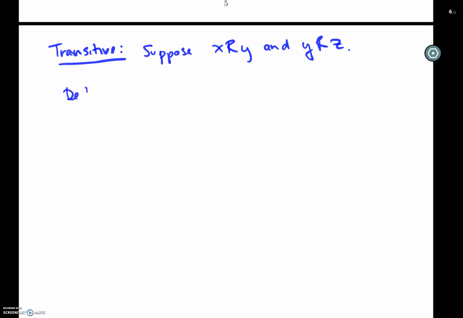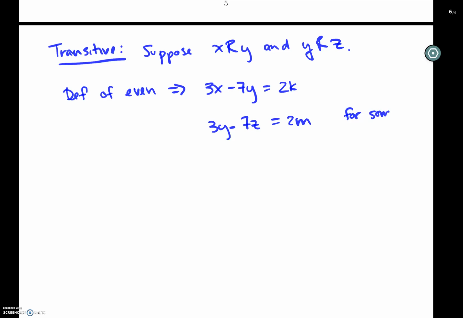So again, the definition of even tells us that 3x minus 7y has to equal 2k, and that 3y minus 7z has to equal 2m for some integers k and m.